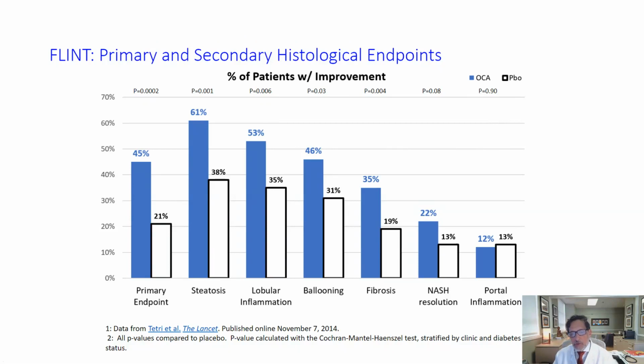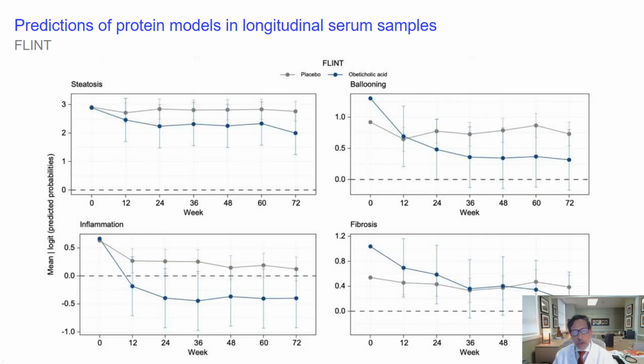You're seeing improvement in steatosis, lobular inflammation, ballooning, fibrosis, and then NASH resolution, and then portal inflammation over here. Here you can see the changes in steatosis are more modest. And remember, although histologically we did see improvement in steatosis in the REGENERATE trial, this did not necessarily translate into a big difference. The data are what they are, but you do see a modest improvement.